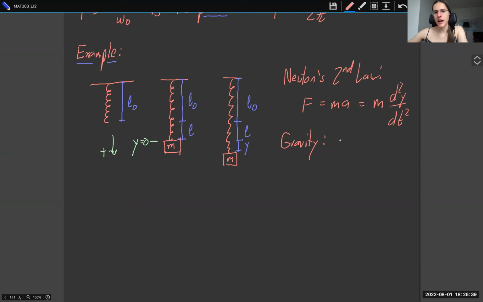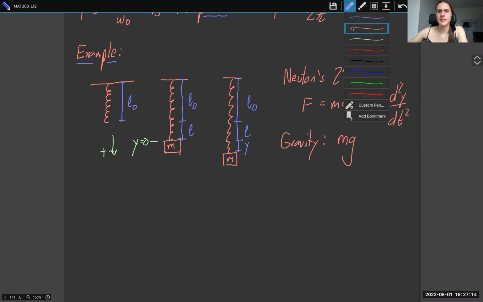So gravity has a force of mg, where g is the gravitational constant, about equal to 10 meters per second squared. It is a unit of acceleration. So g represents the acceleration that an object would experience on the surface of the Earth, independent of what the mass is.